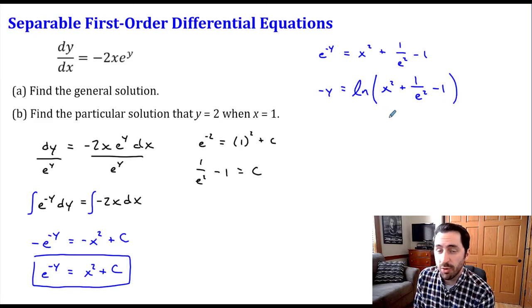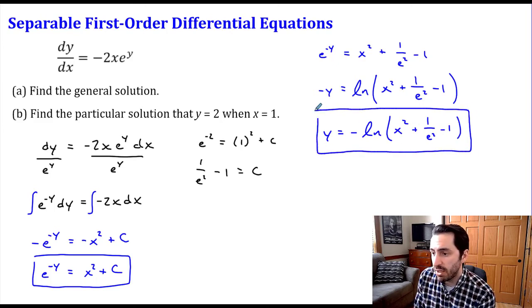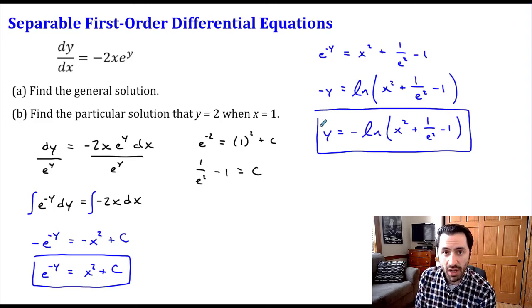And then the last step, to undo that negative, let's multiply both sides by -1. So y is equal to the opposite of the natural log of x squared plus 1 over e squared minus 1. And now this equation represents this particular solution such that y equals 2 when x equals 1.